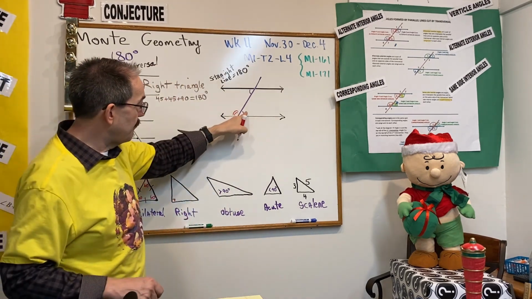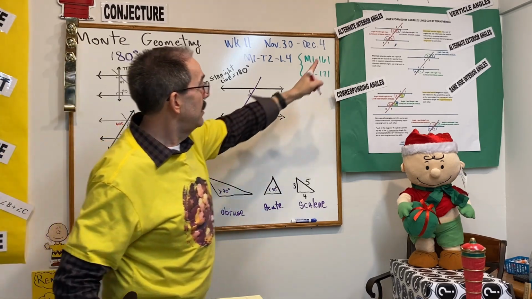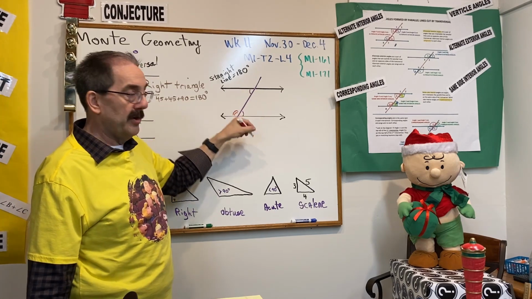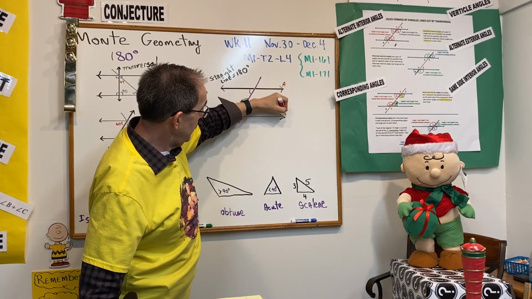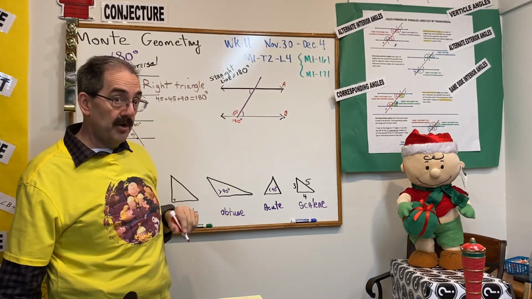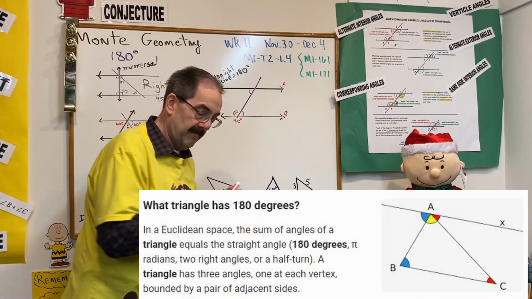But we know that purple angle goes right there. That purple angle is called alternate interior. We have the parallel lines, line A, line B. Alternate interior. And we're going to be learning to use those vocabulary words. All right.